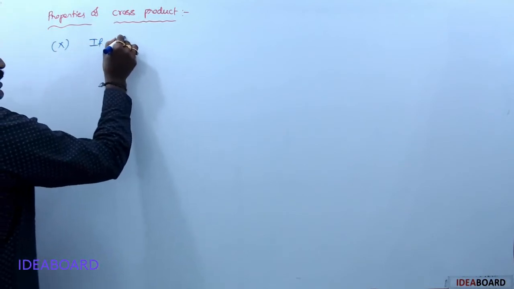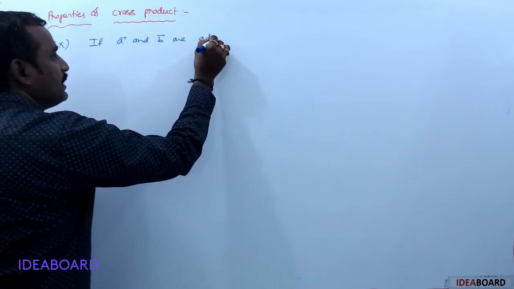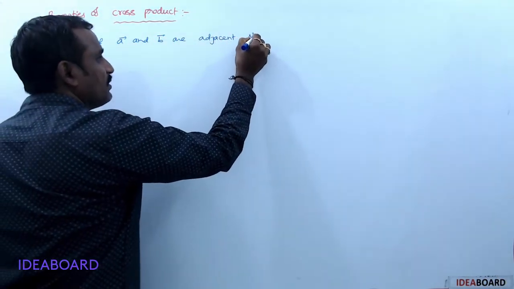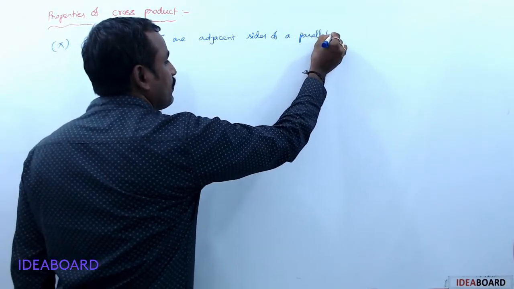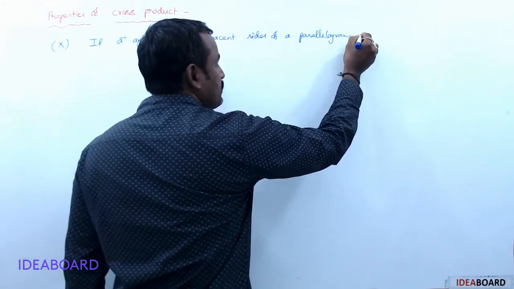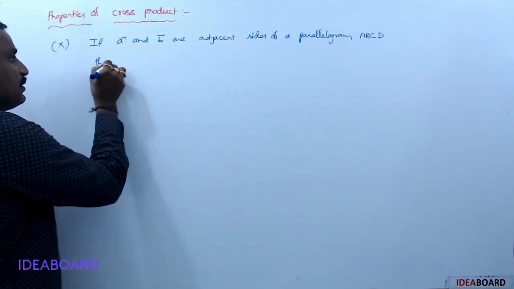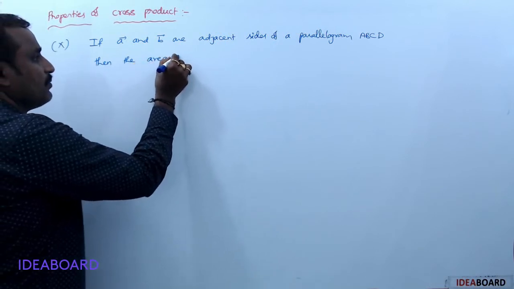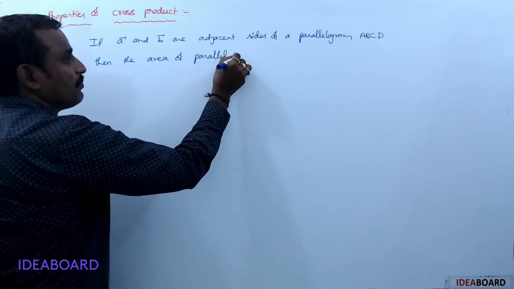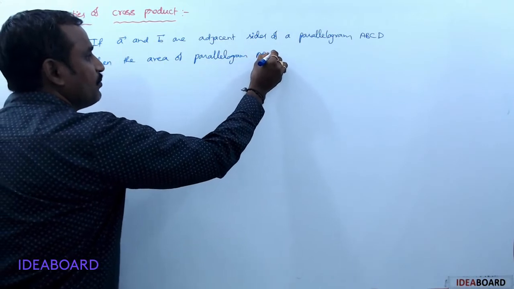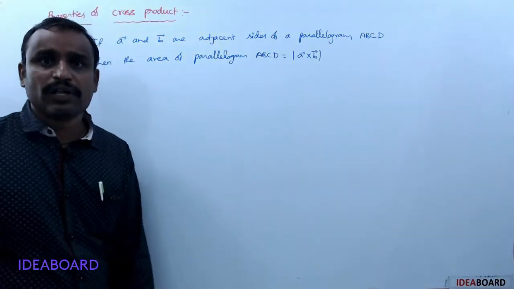If A bar and B bar are adjacent sides of a parallelogram ABCD, then the area of parallelogram ABCD is equal to magnitude of A bar cross B bar.